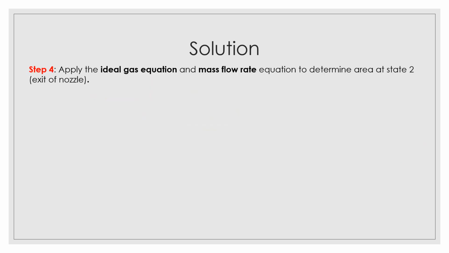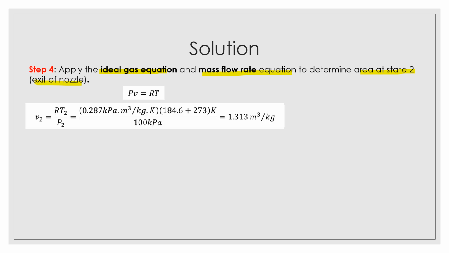Step 4, which is the final step, apply the ideal gas equation and mass flow rate equation to determine the area at state 2 or exit of the nozzle. So using the same equation, PV equals RT, and then rearrange the PV equals RT in the form of the specific volume and determine RT2 over P2, which is this the ideal gas constant, this the temperature.